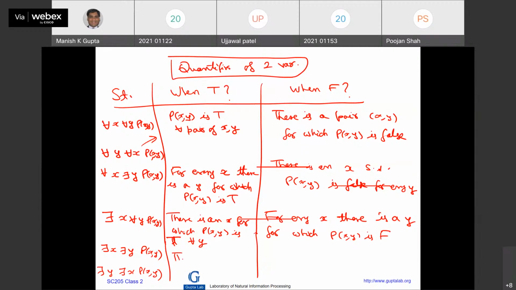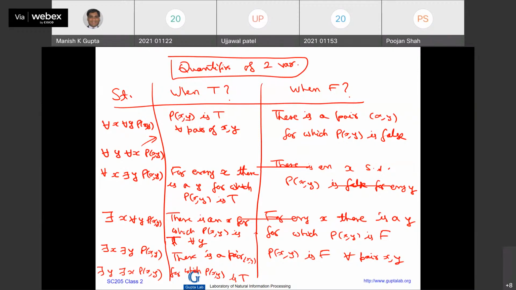So there is a pair x comma y for which P(x,y) is true. And when false, P(x,y) is false for every pair x comma y.